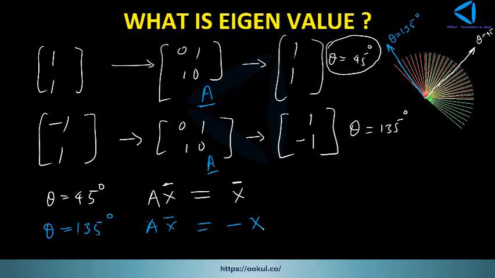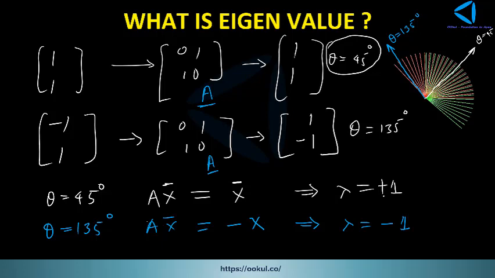So here it can clearly be seen that in this case lambda is minus 1, and in this case lambda is equal to plus 1, right? So you see here the meaning of the sign of your eigenvalues.